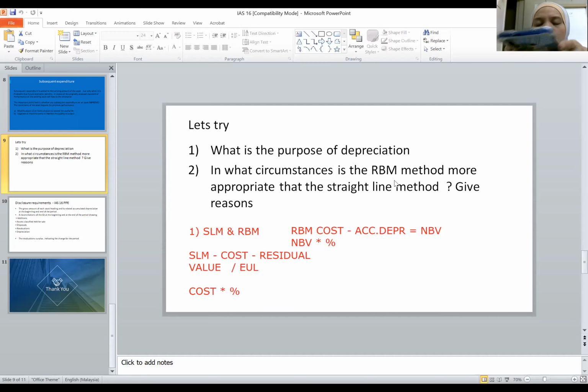Handphone. Handphone ni you beli for example, masa you beli katakanlah harga dia contohlah 5,000. So this handphone ni, you beli 5,000.